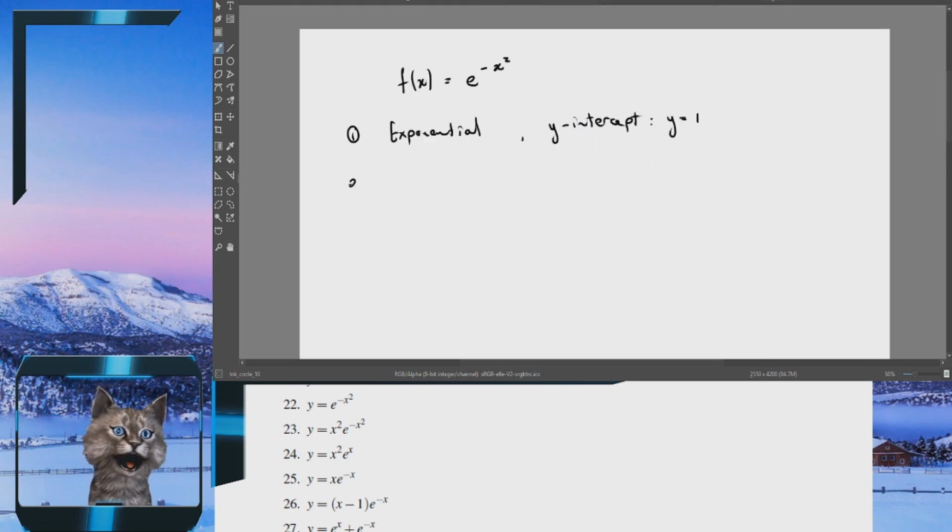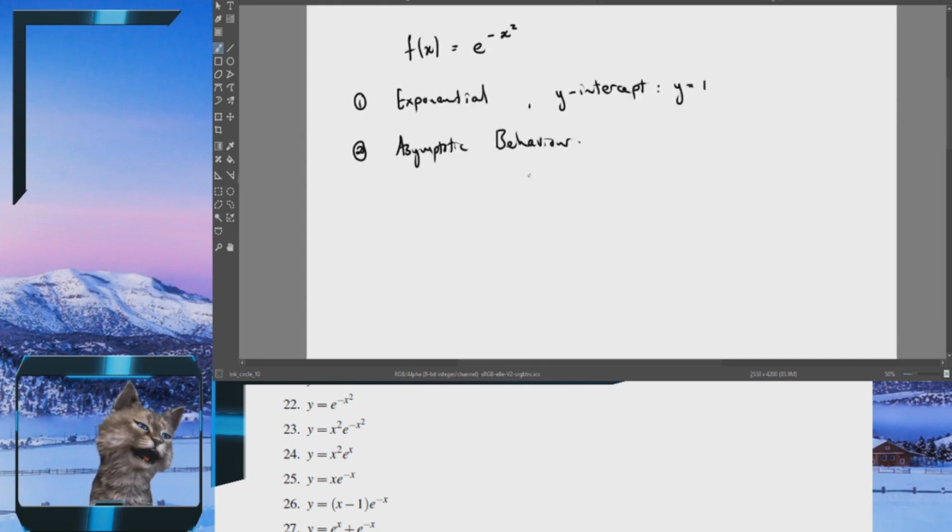Next up, asymptotic behavior. I want to see, are there any asymptotes? What is happening? So I want to know if x is going to infinity, what is happening to my function?